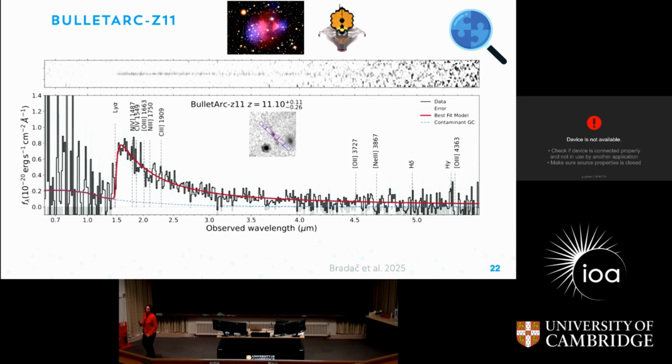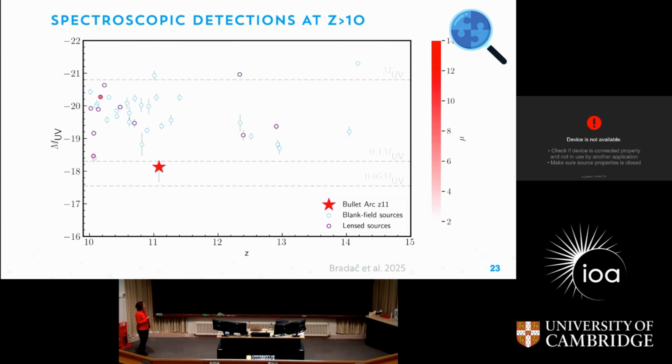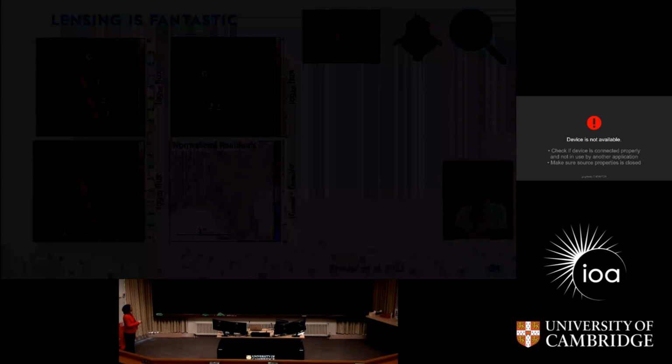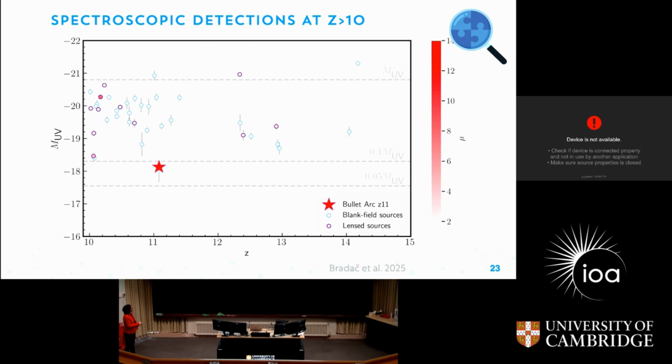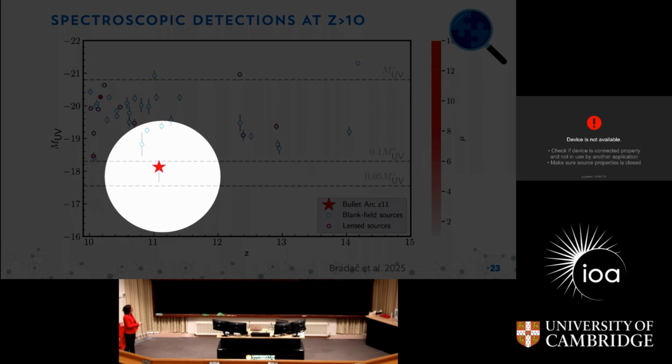It's twofold. One of them is if you look at the MUV versus redshift plot, I'm sure this is outdated by now, and I'm sorry, in the last 2 weeks I wasn't able to follow all the literature because we were doing proposals. But I can still say that this is the lowest luminosity redshift above 10 galaxy that we know of, so that's here.